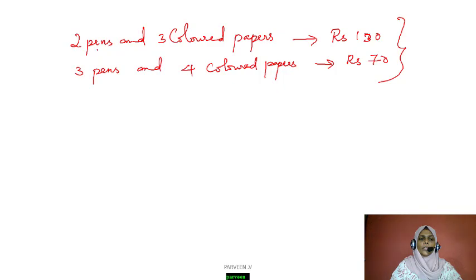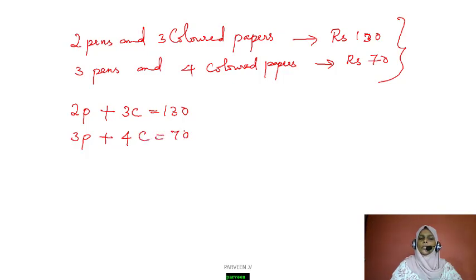2 pens: take the cost of one pen as p, so 2 pens cost would be 2p. And one colored paper costs c, so 3 colored papers would be 3c. Since the total is 130, we have 2p plus 3c equal to 130. Likewise, for the second situation, I would get 3p plus 4c is equal to 70.